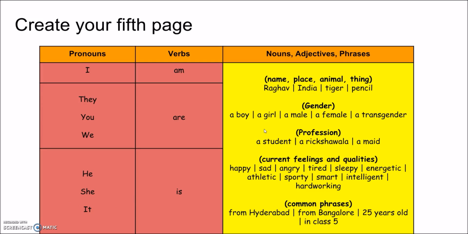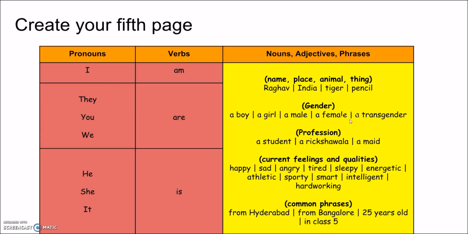Another thing that you have to remember about this table is that there are a lot of implicit things here which are not really easy to detect. For example, the concept of plurality. Almost all the words that you see here are singular, but there are plural subjects here: they and we.